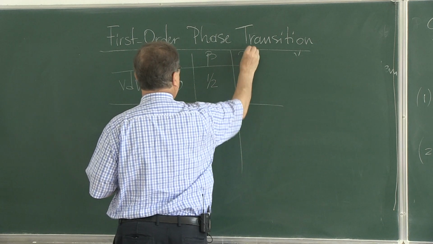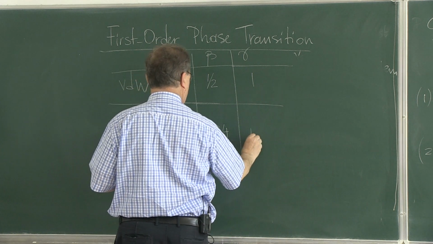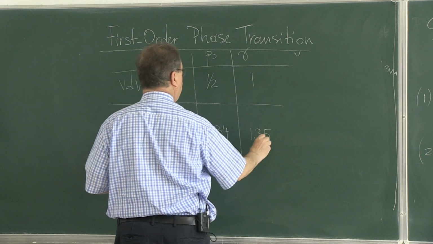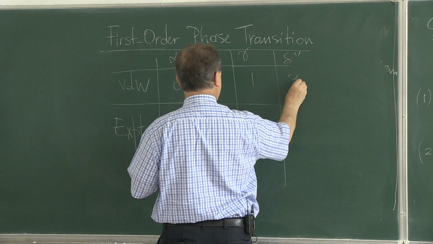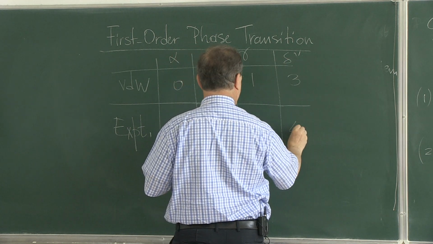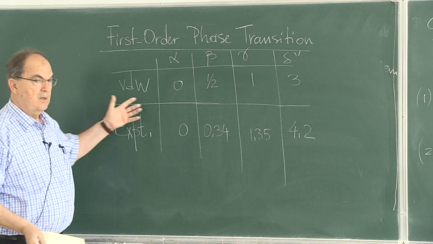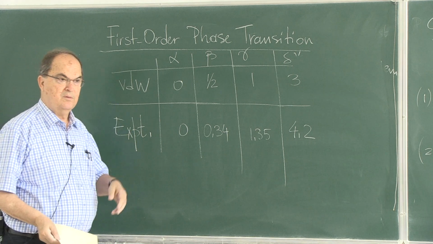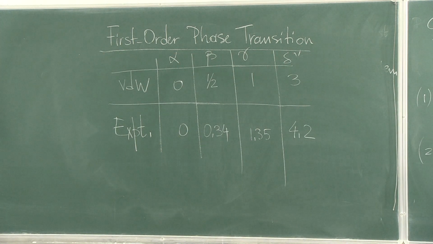For gamma, van der Waals finds 1, experiment 1.35. For delta, 3 and 4.2. When you look at the correlation between your model result and the experimental result, agreement can be said to be pretty good.